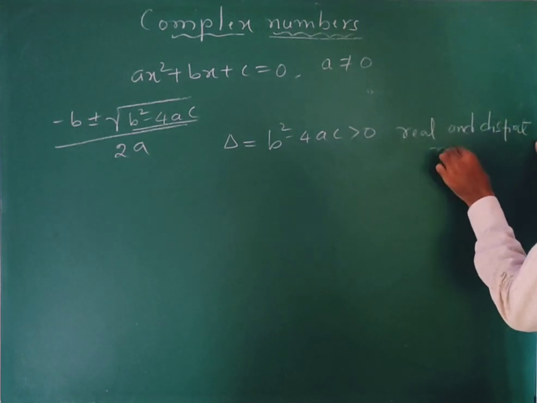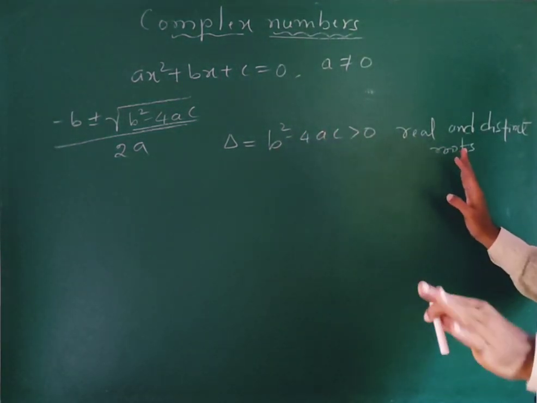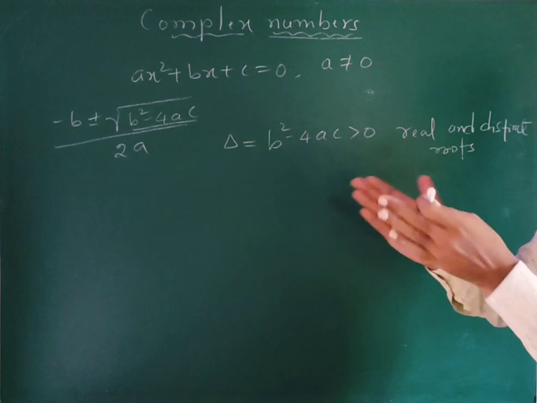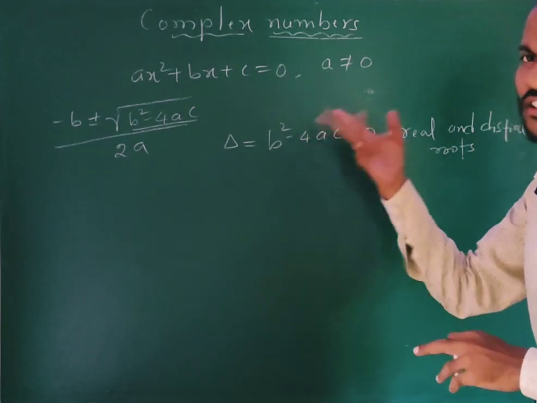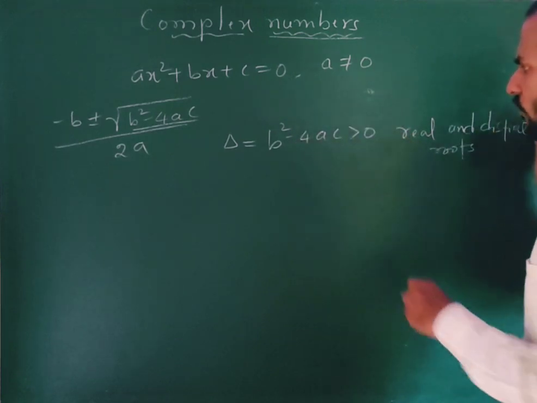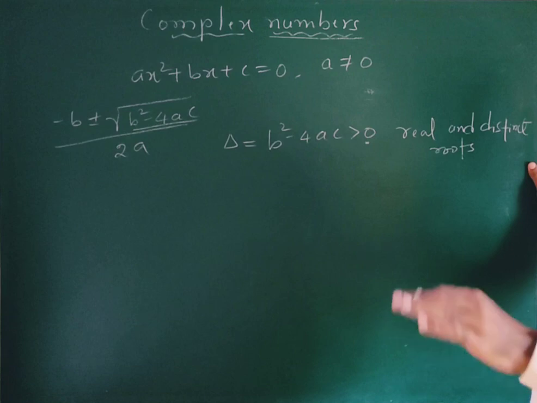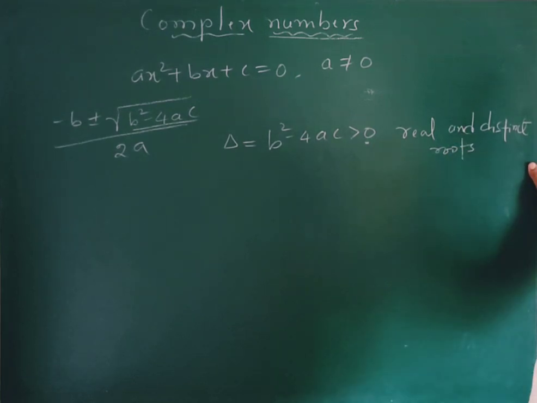Distinct roots, they will be real and not equal, they will be distinct, different values, they are not equal to each other. The roots which we get after solving, when b square minus 4ac is greater than 0, are real but distinct to each other.